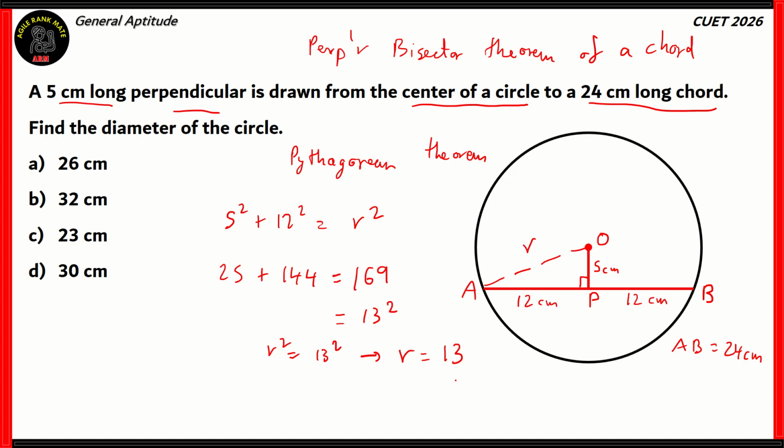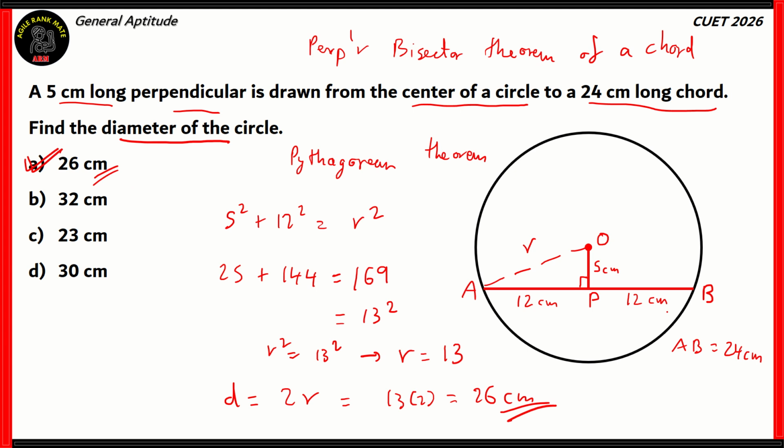But it does not end there. We need to find the diameter of the circle. And of course, since diameter is twice the radius, the diameter of this circle will be 13 times 2, which is equal to 26 centimeters. So option A, 26 centimeters, turns out to be the right option.